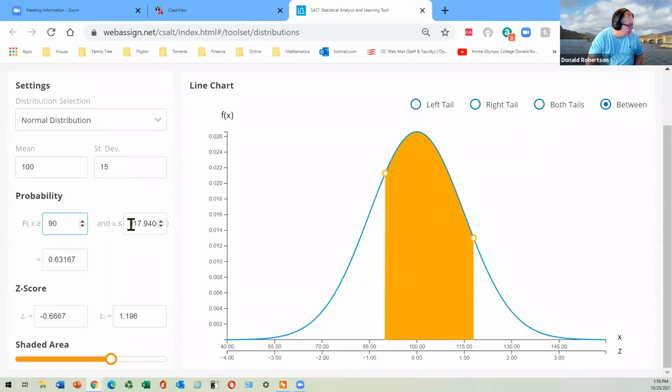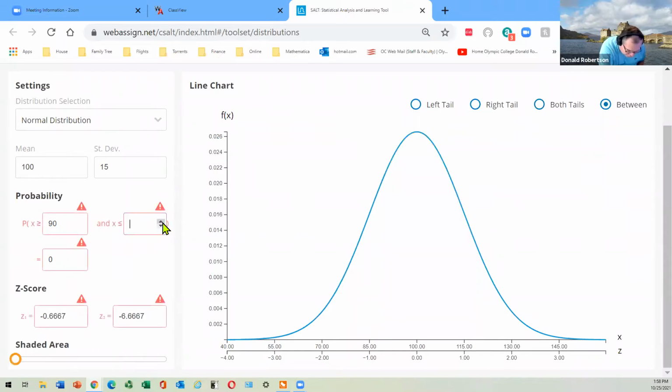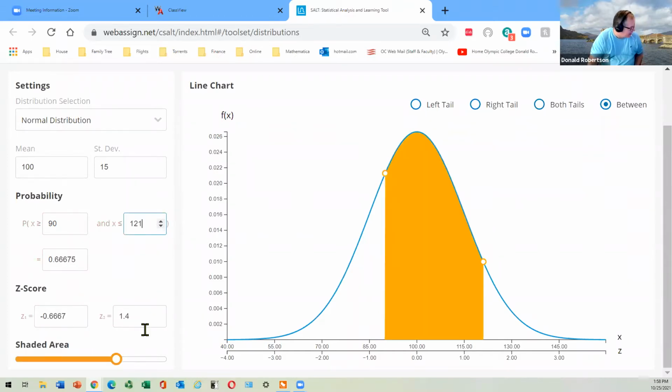And on the other side, we would like, what was it, 121. Backwards. We're good. And what we have here is the answer, which is 0.66675. Of course, you're probably going to round some of these off to 2 or 3 decimal places, but I've put in all their values.